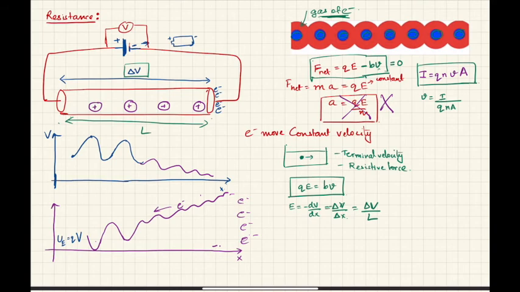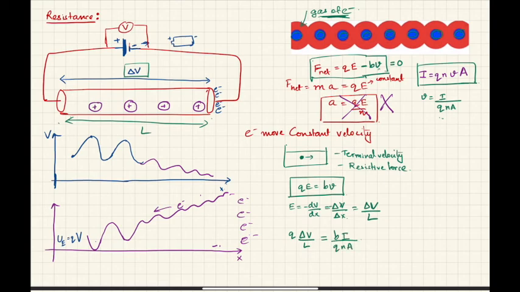If I make those two substitutions, then instead of writing E, I write it as delta V by L, is equal to QV, but V I can now write as I divided by QNA.